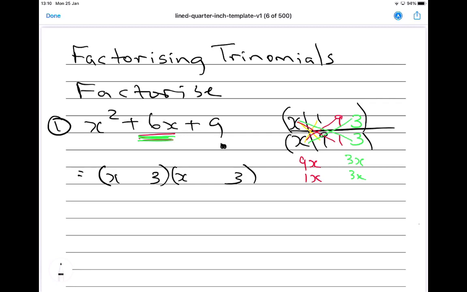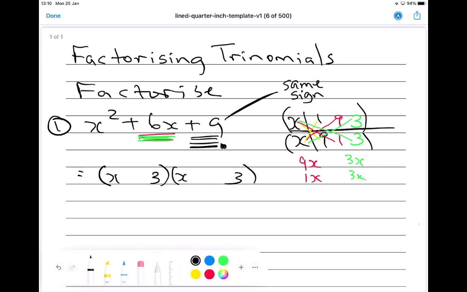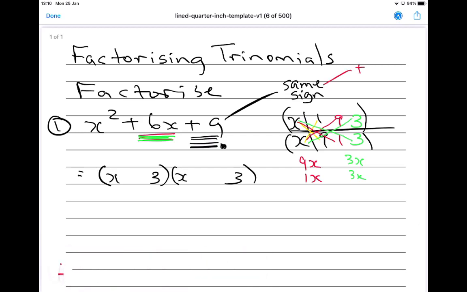When I multiply this out, I should get a positive 9. A positive 9 tells us that the two numbers that we are multiplying should have the same sign, because you can't multiply two numbers and get a plus if the signs are different. Therefore, both are plus, or both are negative.